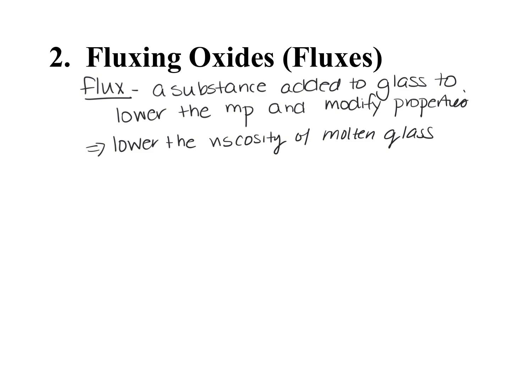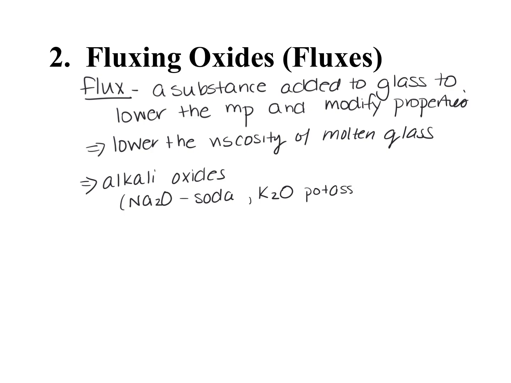One of the more common fluxing oxides are alkali oxides. These are things like Na2O, which is a lot of times called soda. If you've heard of soda glass, you've got K2O, which is potassa.